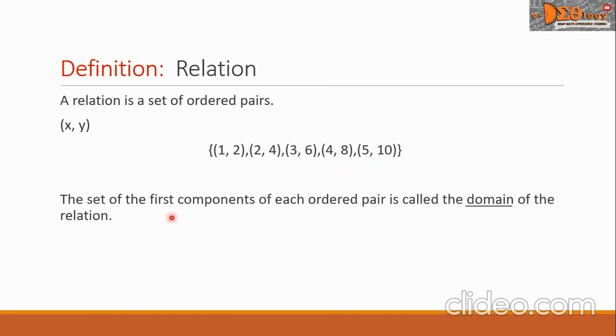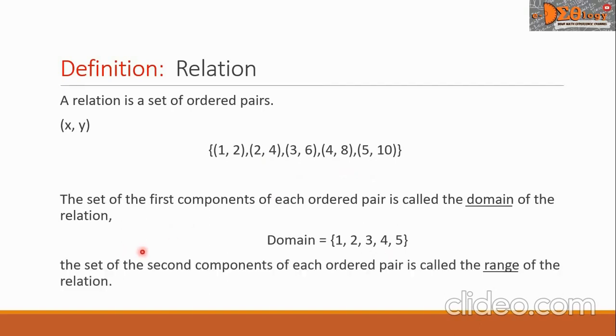The set of the first components of each ordered pair is called the domain of the relation. In here, the domain is 1, 2, 3, 4, 5. The set of the second components of each ordered pair is called the range of the relation.